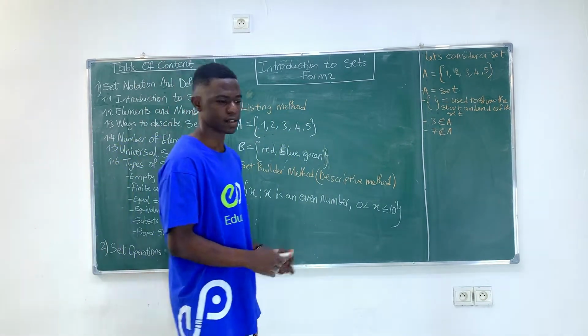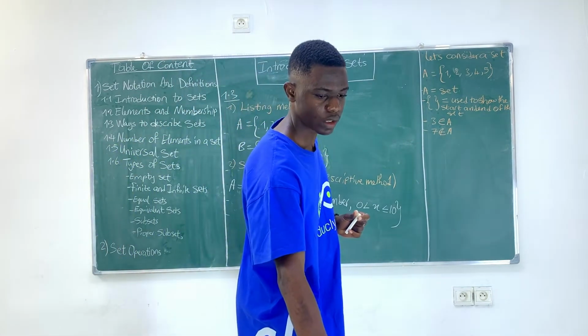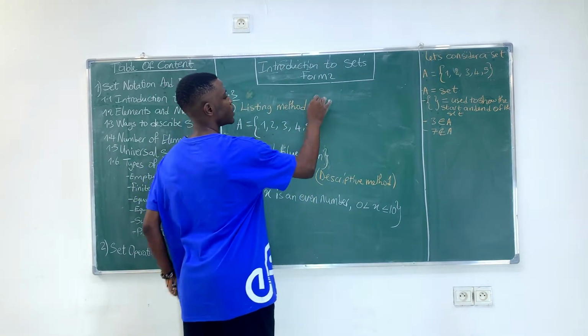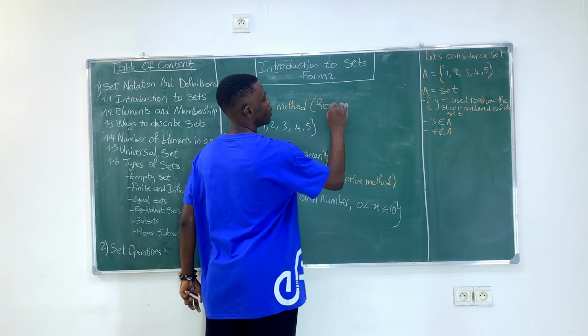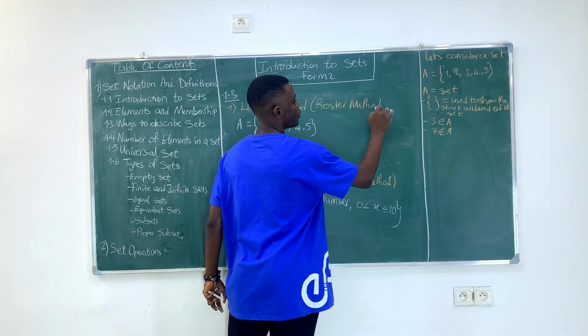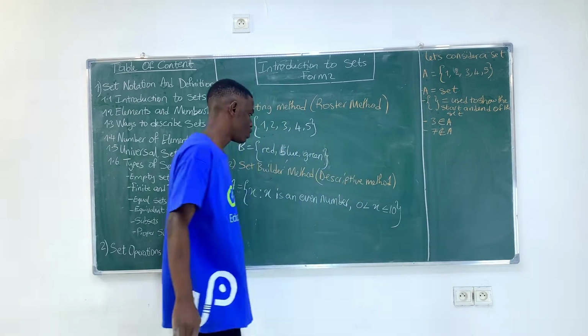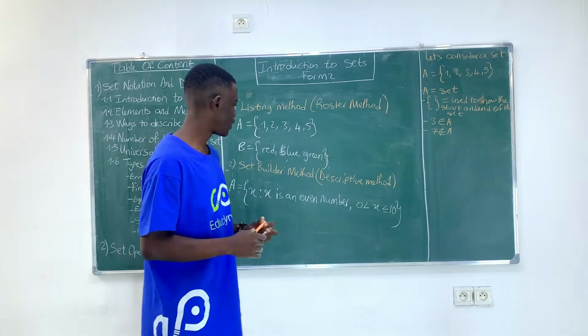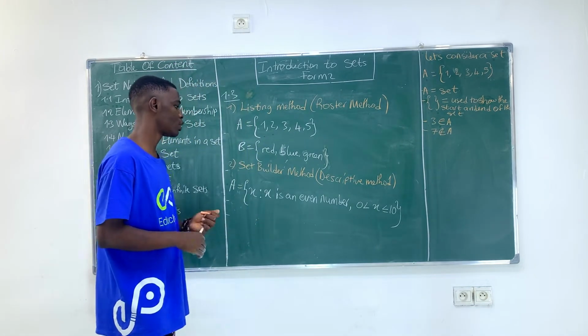So you can also write it like this. I've forgotten, the first method has another name. It can also be called the roster method. So the second method is the set builder method or the descriptive method. The first method is the listing method or the roster method.